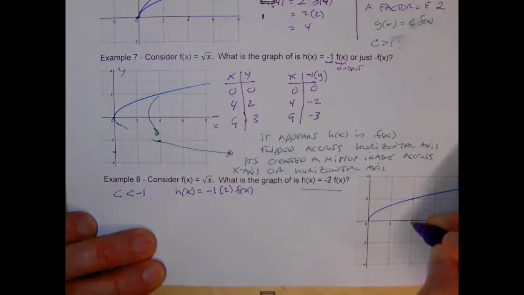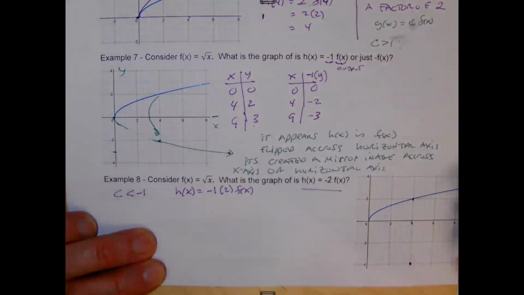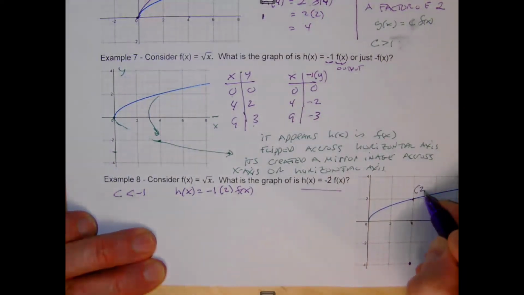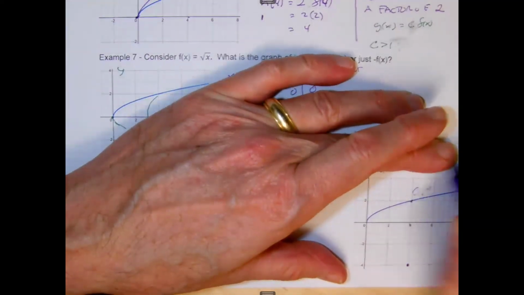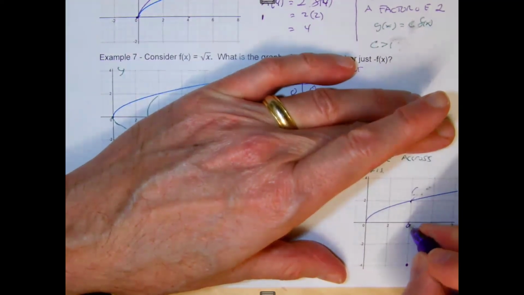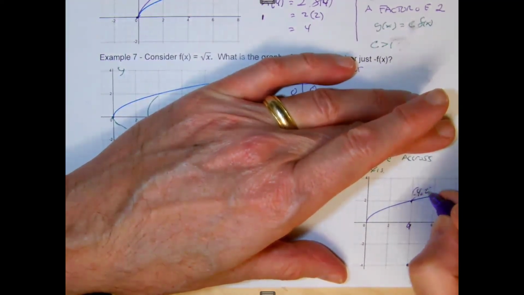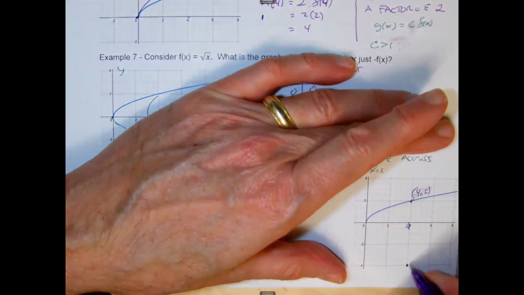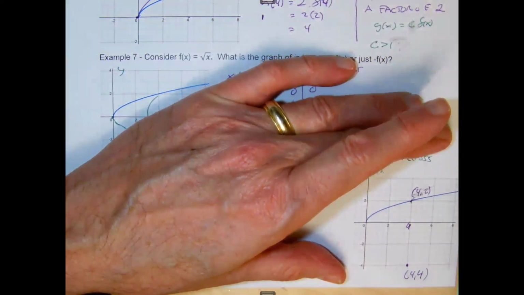So what used to be 4, 2, sorry, I get that backward. At 4, I get 2. But now at 4, I'm going to double that and get 4 back out.